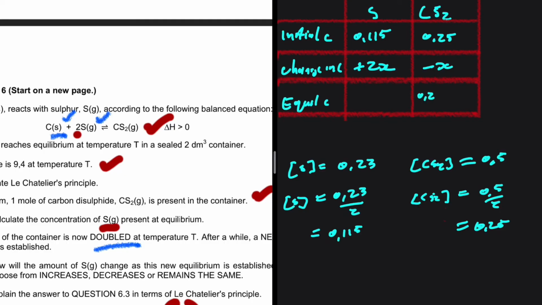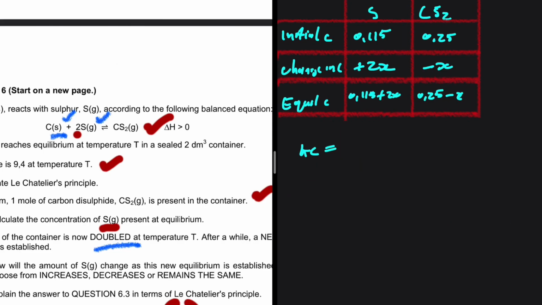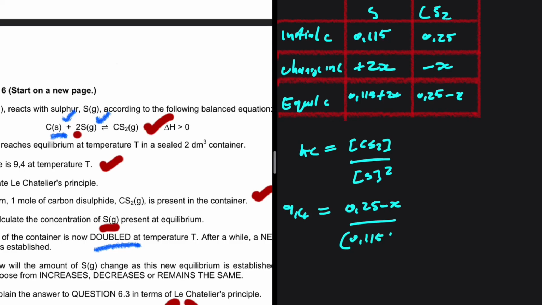We have 0.25 minus x, 0.115 plus 2x. We're going to have Kc being equal to the concentration of CS2 divided by the concentration of sulfur squared. So 9.4 is equal to 0.25 minus x divided by 0.115 plus 2x squared. This is our Kc expression.